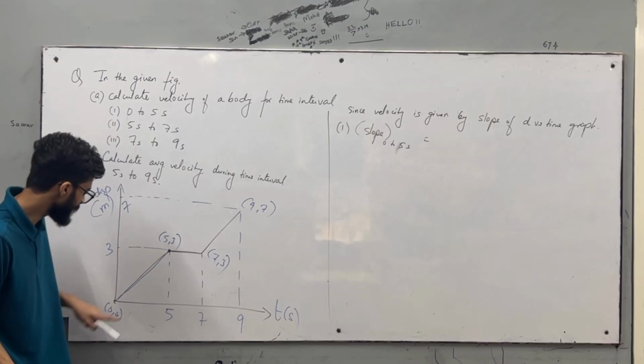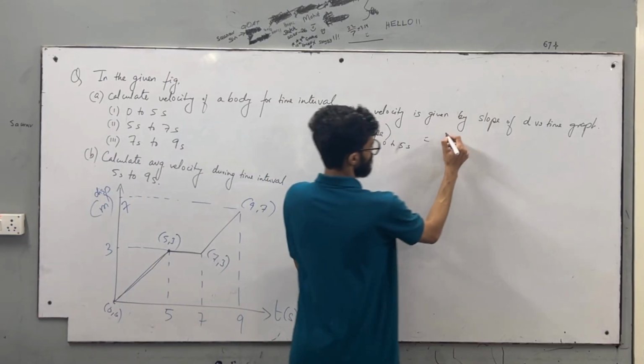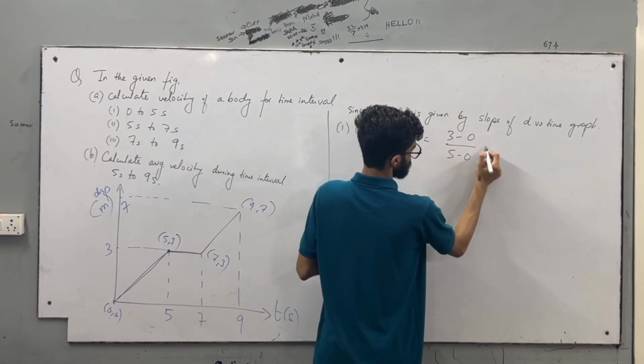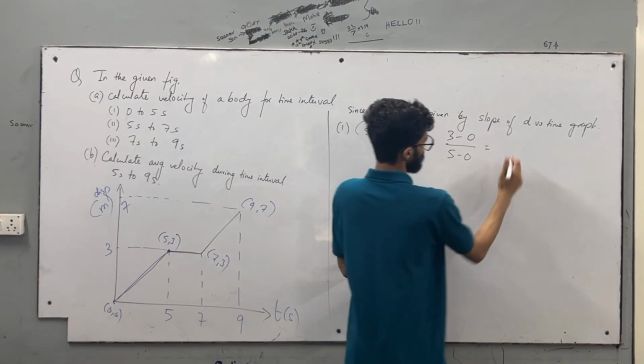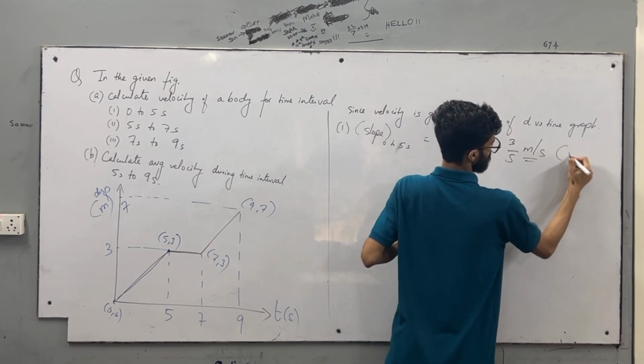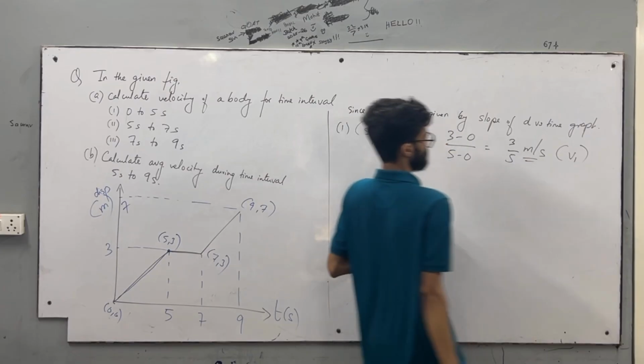So this is 3 minus 0 upon 5 minus 0. This is nothing but 3 by 5 meter per second. This is my answer 1.